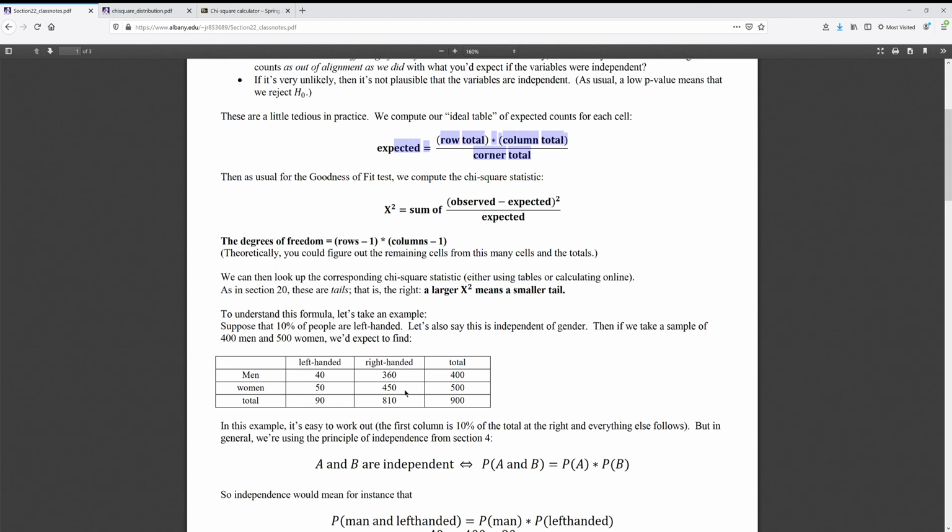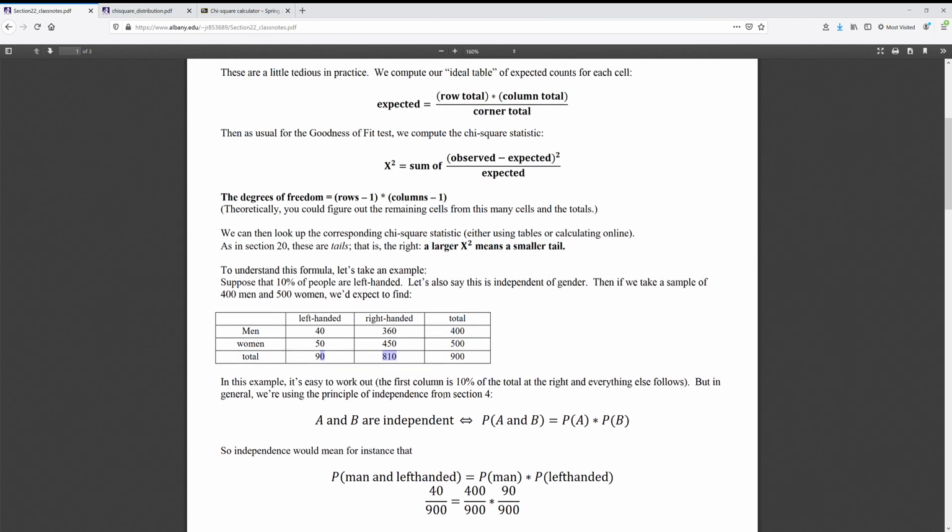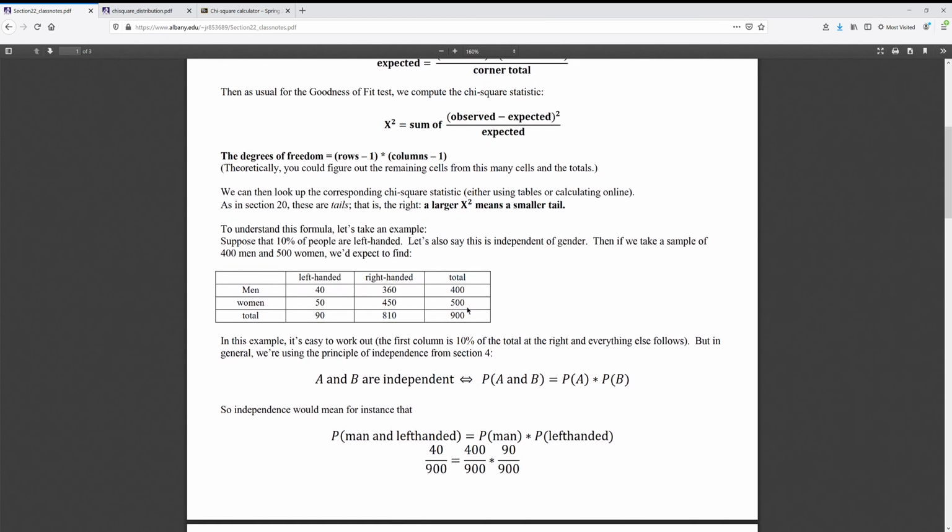Now bear in mind that these row totals and column totals don't represent much of anything, right? The fact that there are 400 men and the fact that there are 500 women has nothing to do with whether men and women are more likely to be left-handed. It just has to do with how many men you happen to pick and how many women you happen to pick.